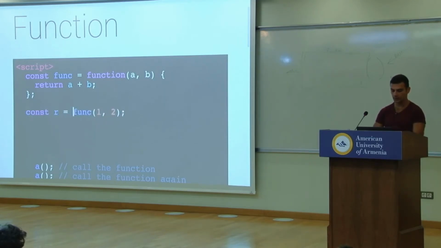Const r is that plus func 4 and 5 minus, no, actually that's enough. 1 and 2 get added together, you get 3, plus func gets run, right? 4 and 5 is 9. 9 is added to 3, and you get 12.